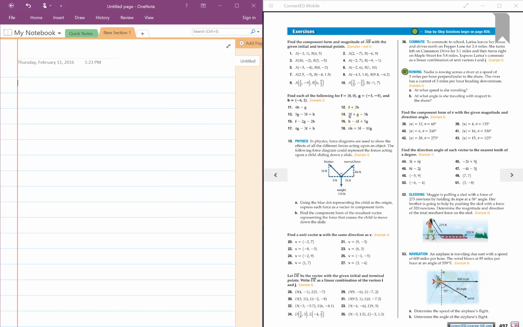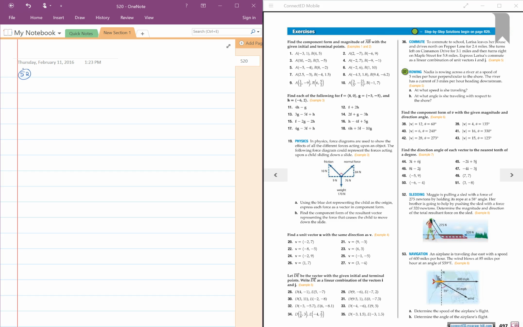Okay, so number 52 says that Maggie is pulling a sled with a force of 275 newtons by holding its rope at a 58-degree angle. Her brother is going to help by pushing the sled with a force of 320 newtons.